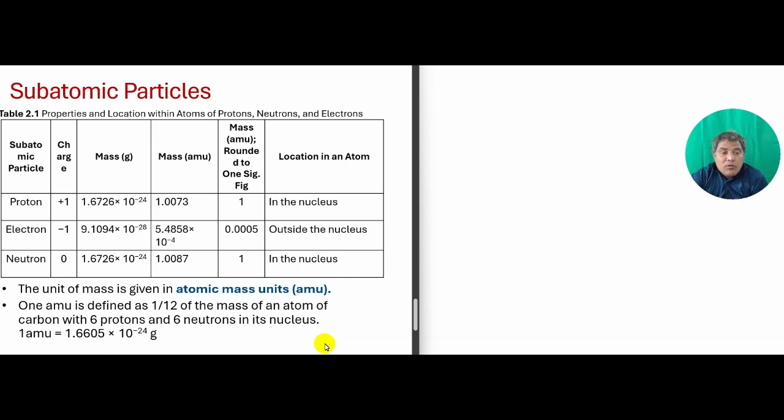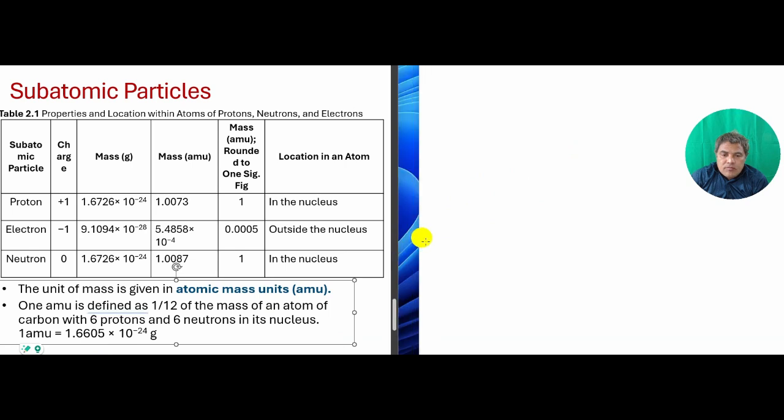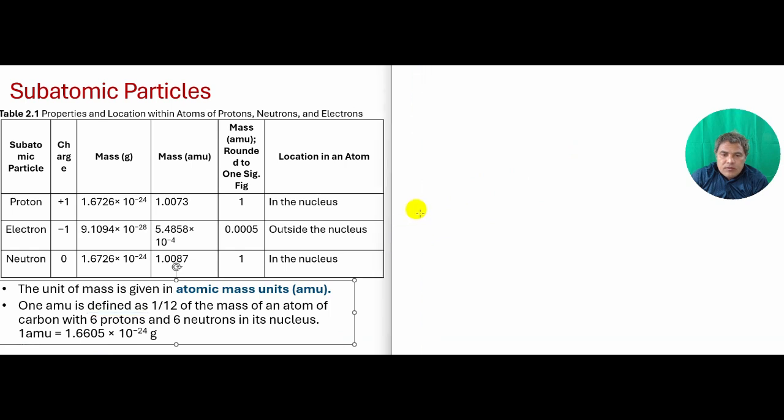So how is the atom made? The general concept is that an atom is made up of one nucleus, and outside the nucleus there are shells.